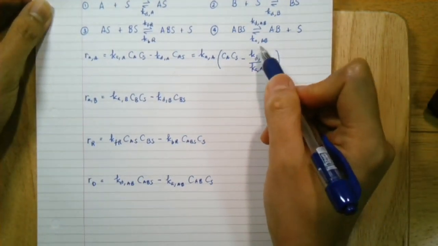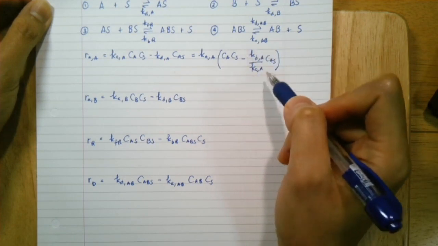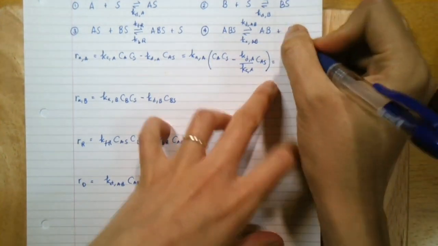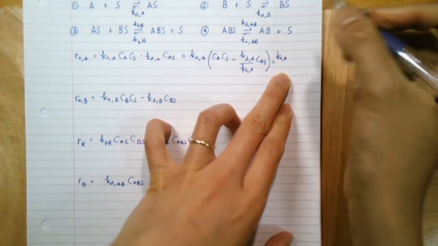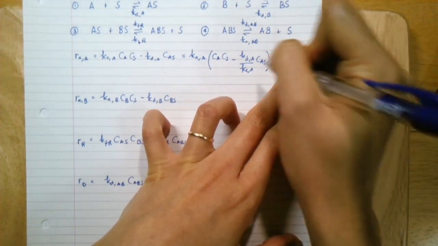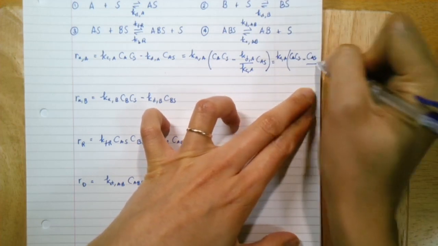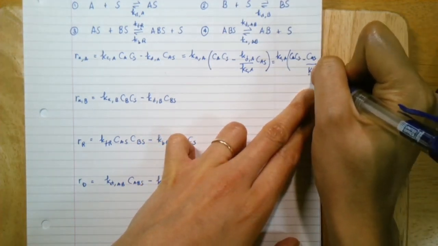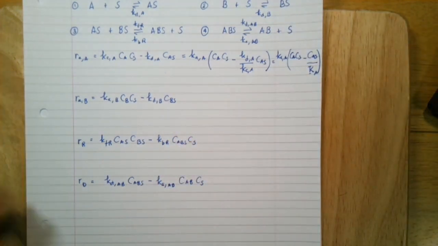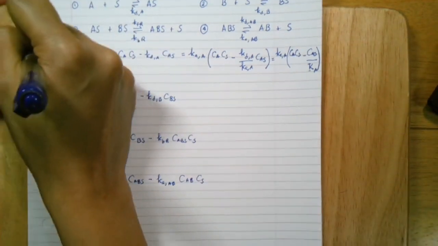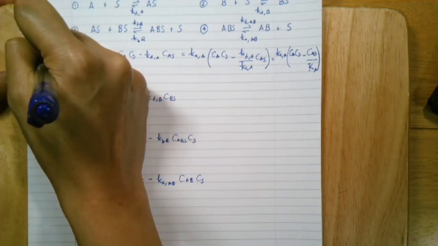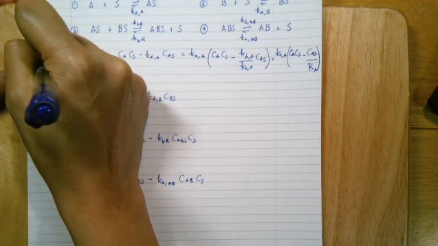But this is just the inverse of our adsorption equilibrium constant. So this is equal to KAA times CA CS minus CAS divided by our equilibrium constant KA. Note that the equilibrium constant KA is equal to KAA over KDA.